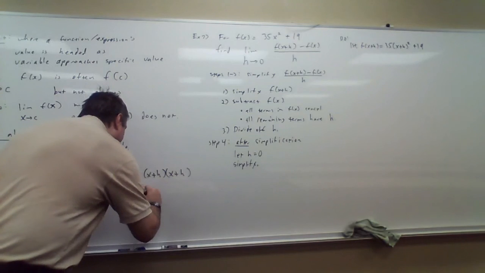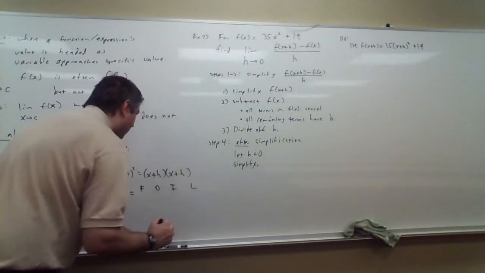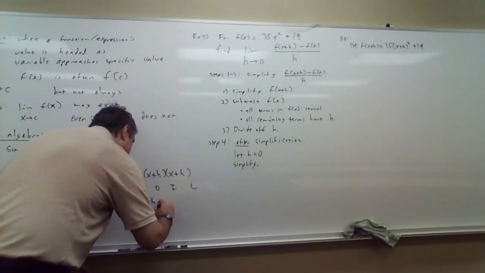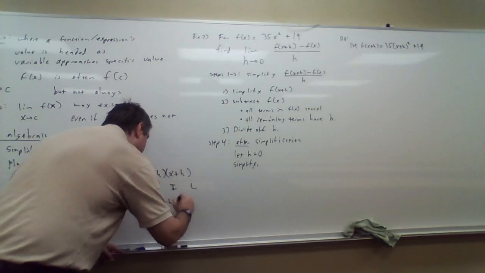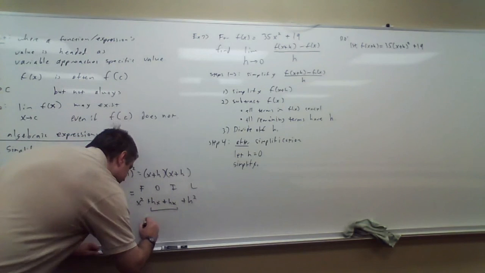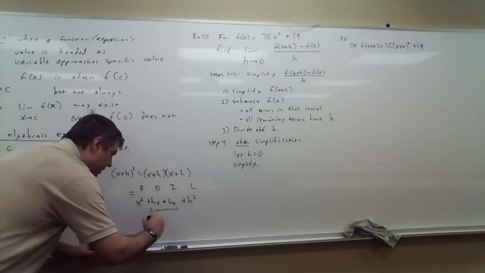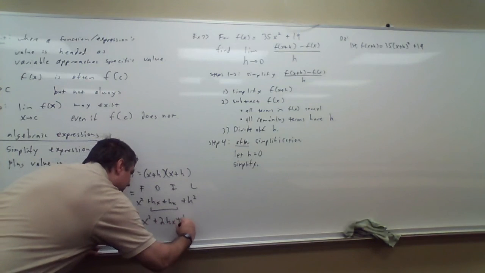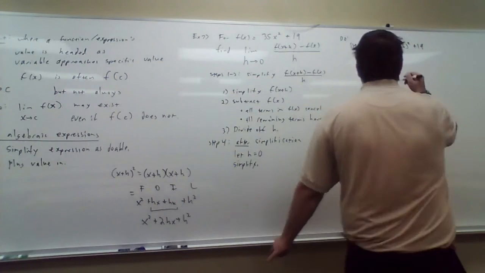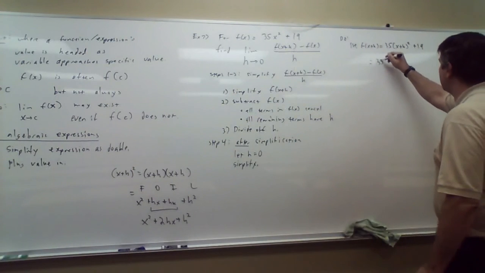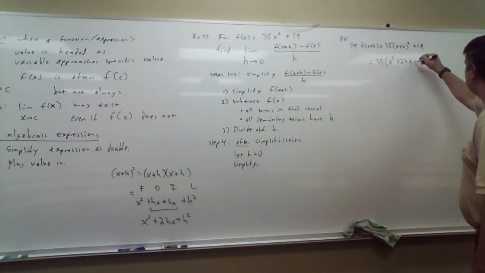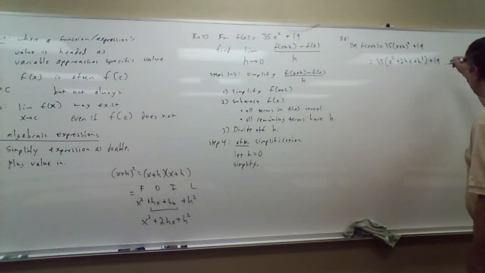Which gives me, if we use the FOIL method, x squared plus hx plus another hx plus h squared. And this combines into 2hx. X squared plus 2hx plus h squared. Okay? So, when this is all said and done, it is 35 times x squared plus 2hx plus h squared plus 19.